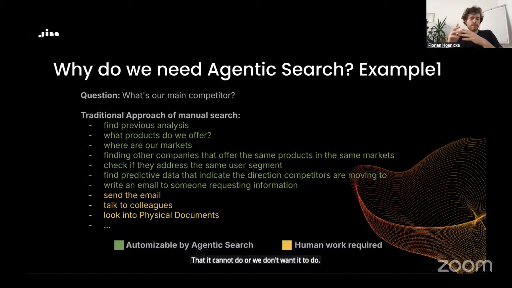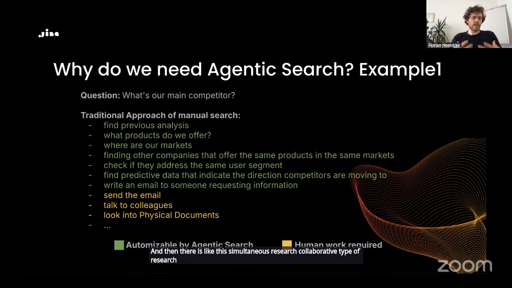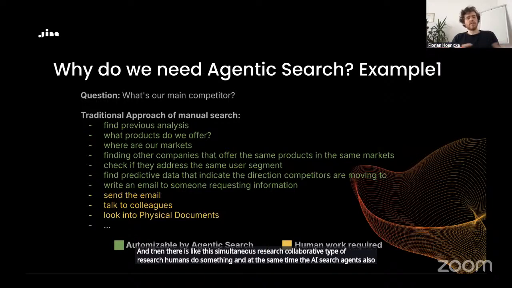And then there is this simultaneous, collaborative type of research. Humans do something, and at the same time, the AI search agent is also gathering information, and these are collaborative systems that are coming up at the moment.